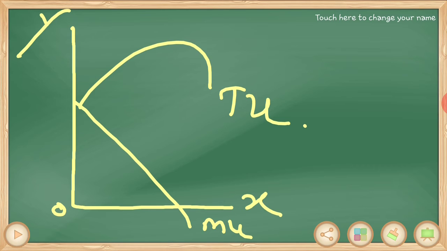From this diagram, it is clear that as we consume more and more, definitely the marginal utility goes on declining, and the total utility goes on increasing but at a decreasing rate. So this is the diagram related to the law of diminishing marginal utility.